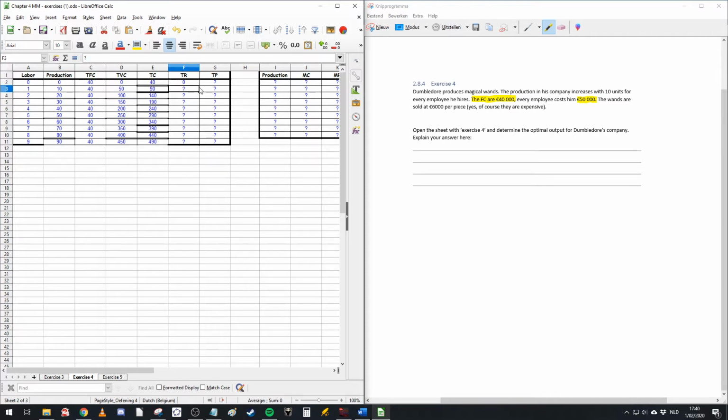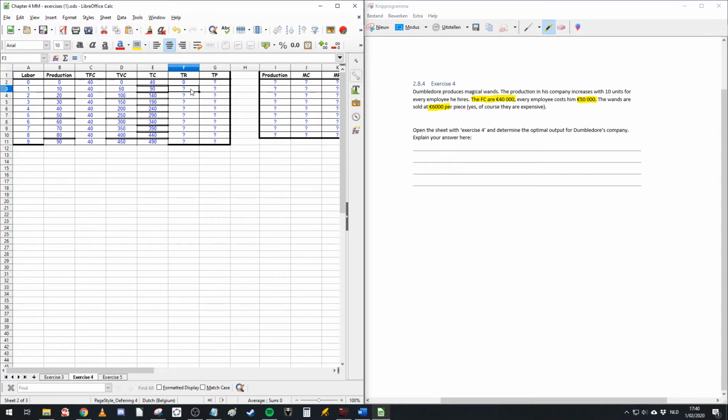That's pretty normal, I think, or obvious. So here we have a production of 10 units, okay? And apparently every piece is worth 6,000. So this means that my 6,000 will be multiplied with 10, which gives me 60,000.